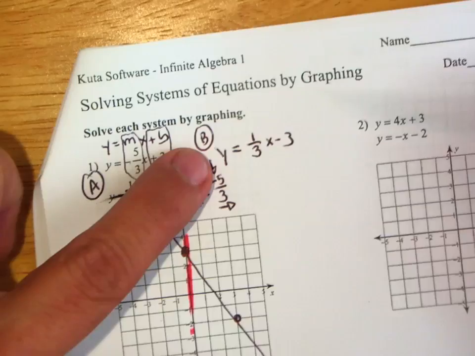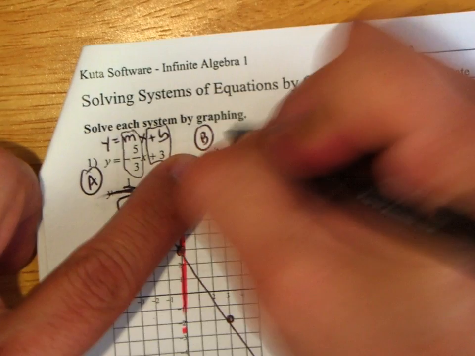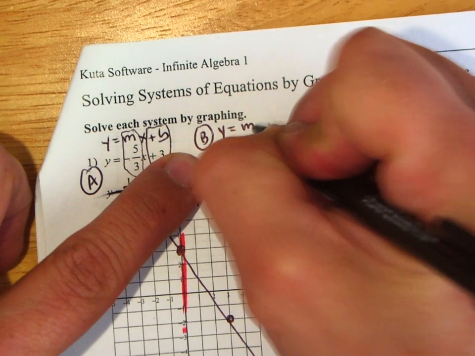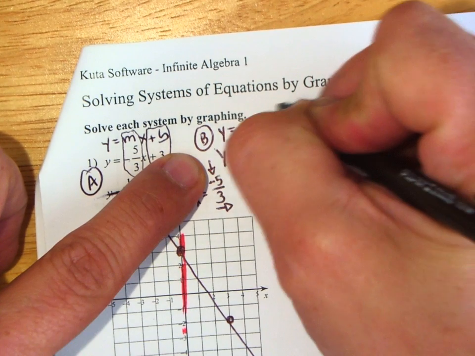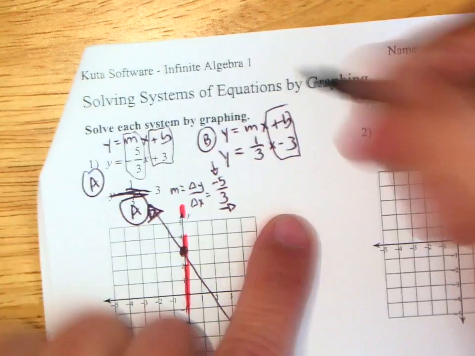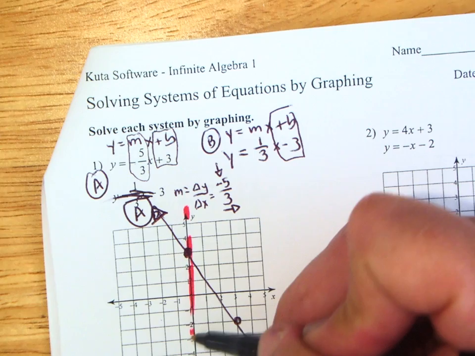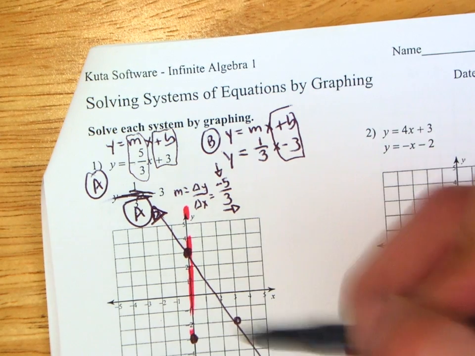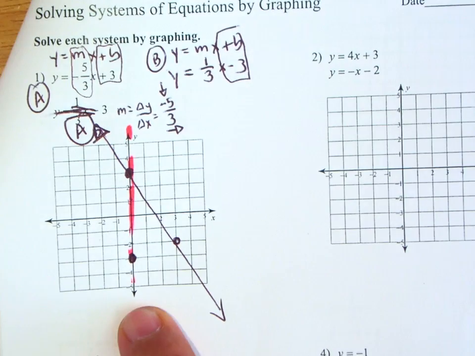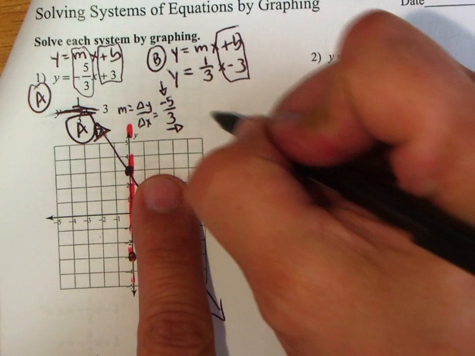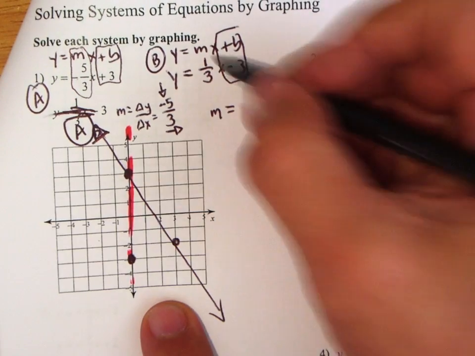So here we go. Ready? y equals mx plus b. My starting point is negative 3, the b. So on the red, where's negative 3? Right there. So we're going to put a dot. Okay, and what is your m? So this has a different slope, right?